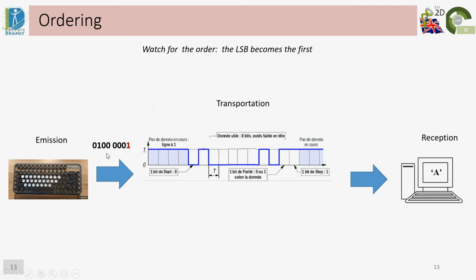So once you have your electrical signal that is coded in 0 and 1, you transmit the 0 and 1. So at the beginning, you see that when there is no data, the line is at 1. Okay, la ligne est à 1 quand vous n'avez pas de data.